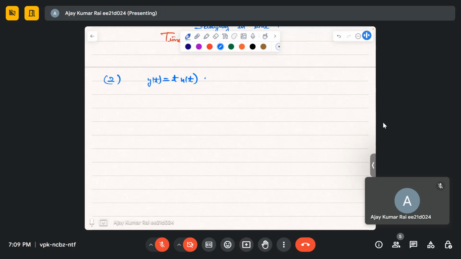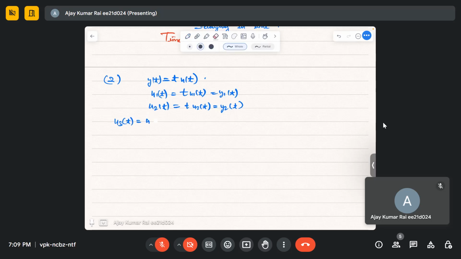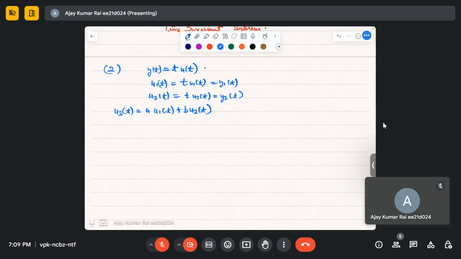For linearity, if I give u1 of t, t into u1 of t, you will get y1 of t, and this is y2 of t. Let me give u3, which is a u1 of t plus b u2 of t. So y3 will be t times a u1 of t plus b u2 of t.